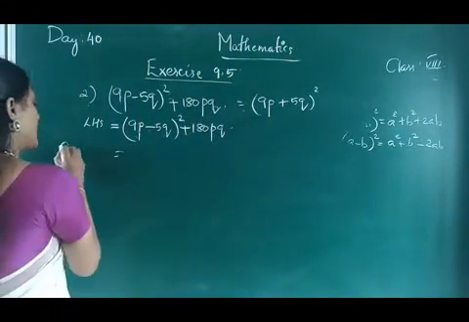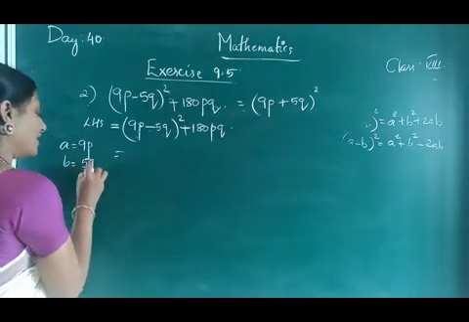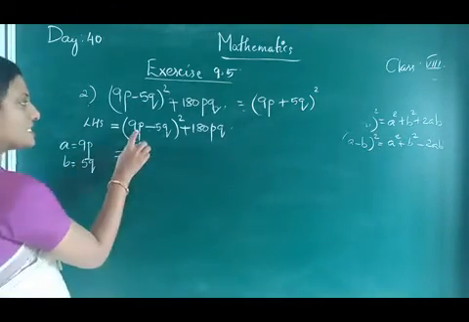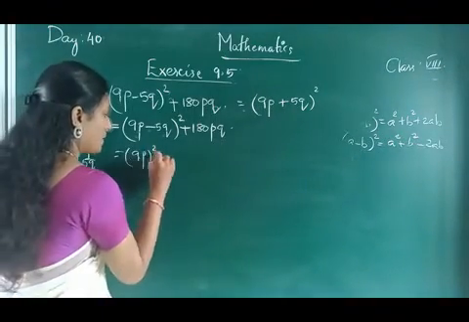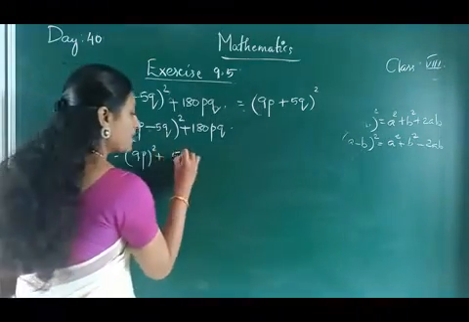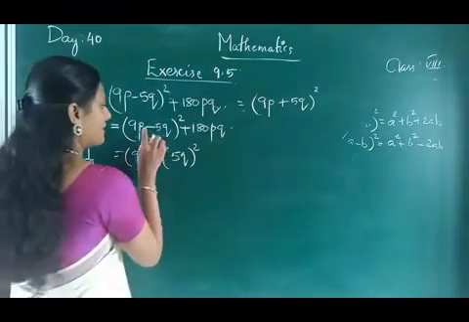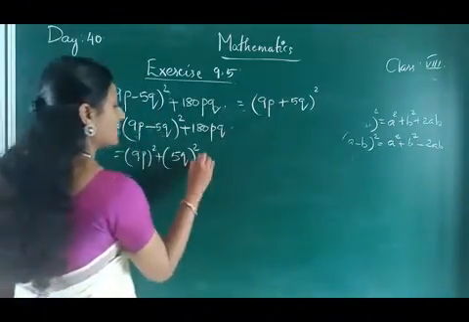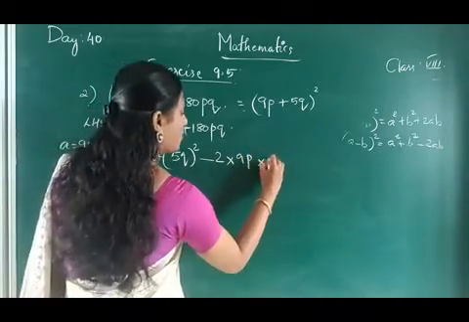So here A is 9p, B is 5q. A square plus B square means (9p) square plus (5q) square. This bracket is very important. Then minus 2 into 9p into 5q.